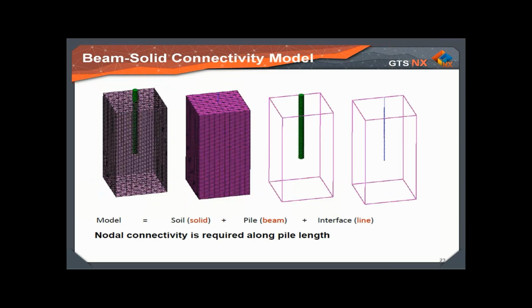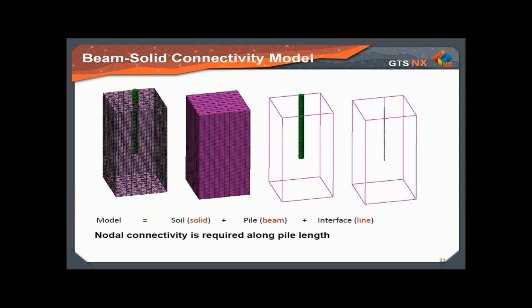Another possibility is to use the beam solid connectivity model. Here you have solid elements representing the soil, and for the pile, instead of using solid elements, you use a beam element. Here we have only the cross section showing, so this is for visualization only, but the pile itself is actually modeled with a beam element, which is a 1D element.